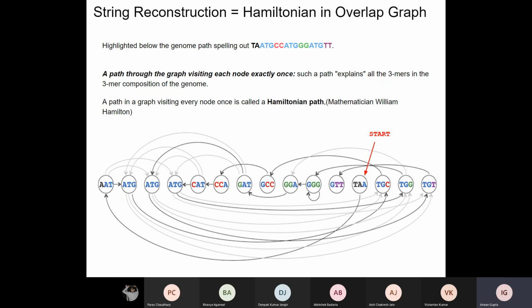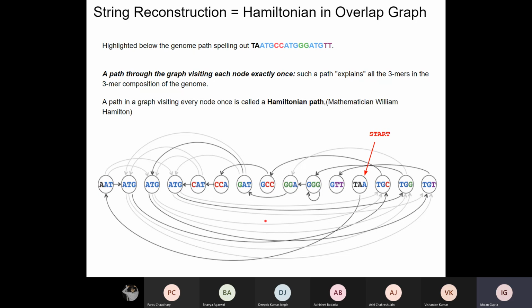So, as I will tell you later on, doing the string reconstruction problem using this kind of data structure, where you represent reads as nodes and the edges as overlaps between those nodes, is not the most ideal solution, because it falls in the category of harder problems to solve, since there can be many such paths.